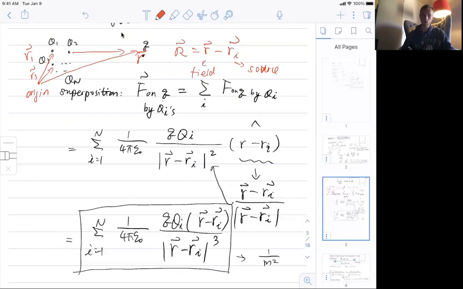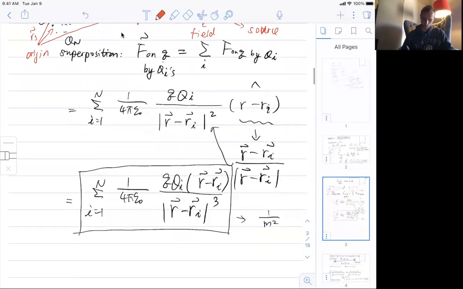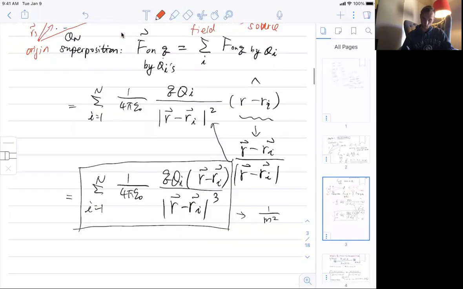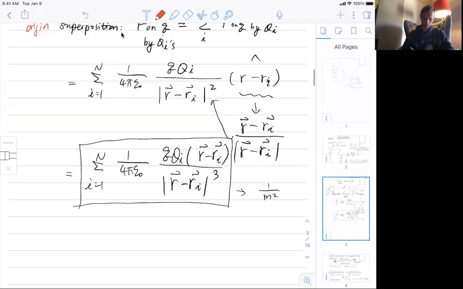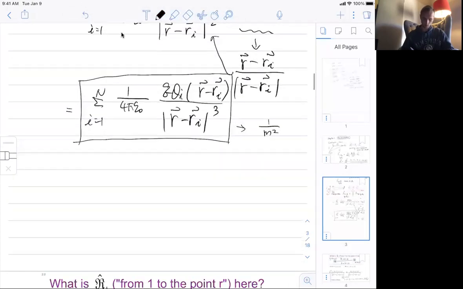For example, I put a little test charge q here because I'm interested in what's going on at this point. Without the test charge q, we can simply define what's going on in the field by saying what is the electric field at that point. Because if you know the electric field, you can simply multiply the charge by the field, and you still get the force. So a lot of times we simply are calculating the electric field.